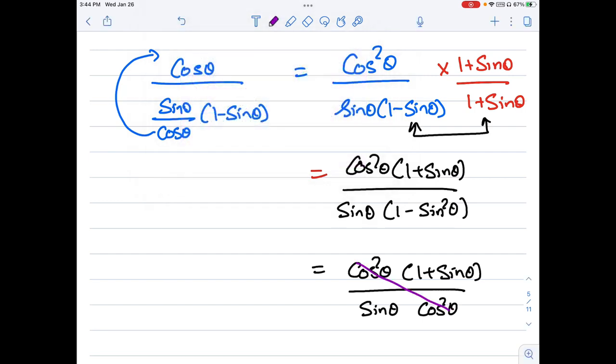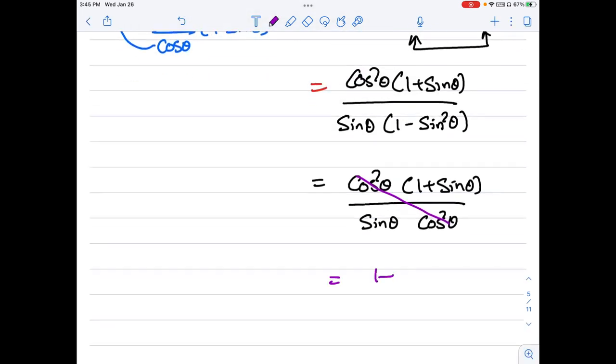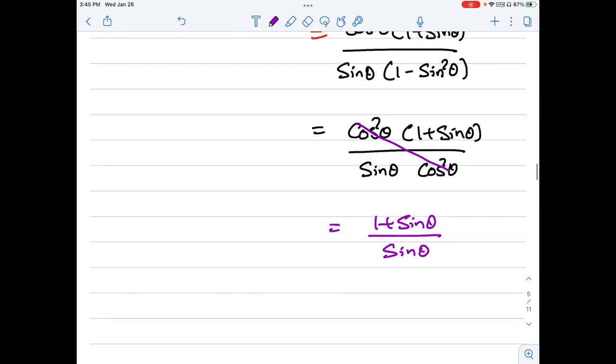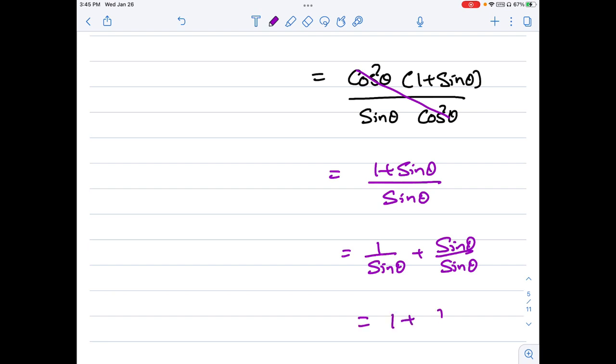So cos square theta gets cancelled. So I'm left with 1 plus sin theta upon sin theta. Bifurcate, it becomes 1 upon sin theta plus sin theta upon sin theta, which is 1 plus 1 upon sin theta.